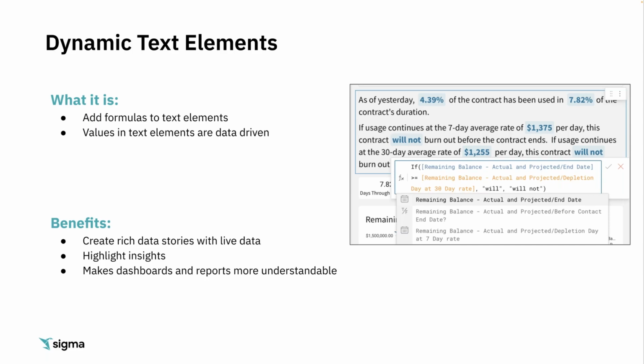And I think what's going to happen if we start using this is the visualizations become more like supporting evidence, with the actual insight called out in the text element. It tells the reader of the workbook, hey, this is the insight that you should glean from this, and here's the supporting evidence to see it in the full context.